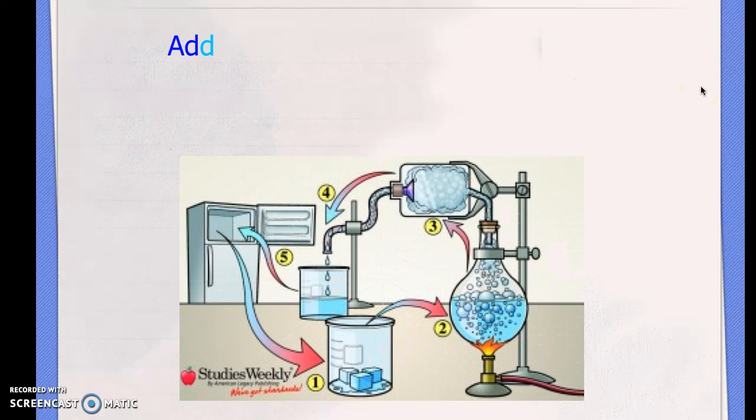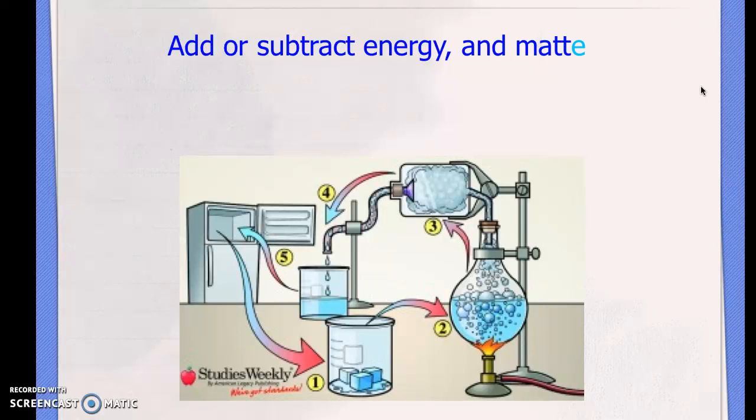Let's take a look at this diagram. If we add or subtract energy, then matter changes state. So if you look at this diagram here, we start at number 1 with these ice cubes, and we heat them up and add energy, they become a liquid.